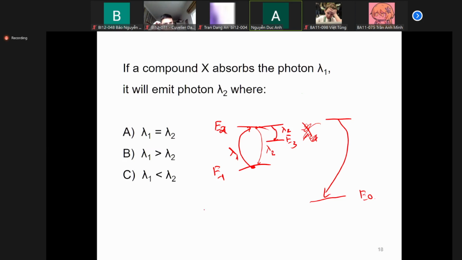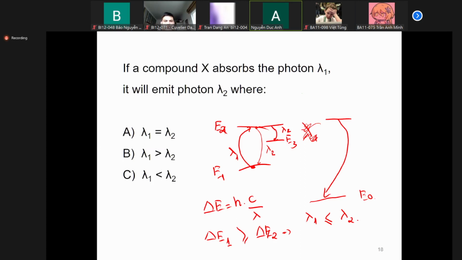You know delta E equals hc over lambda. So the delta E of the absorption process 1 should be bigger than or equal to the delta E of the emission process 2. So lambda 1 will be smaller than or equal to lambda 2.